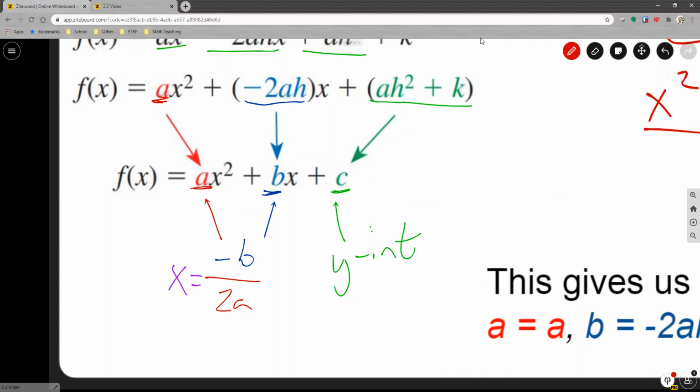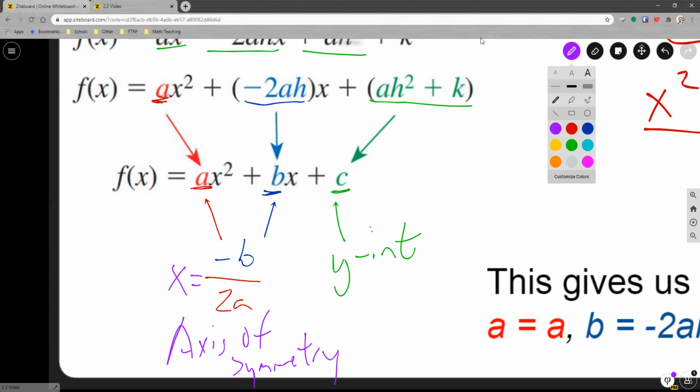I plug in both the b and the a and I can find my axis of symmetry. So I get a few things right from the standard format. I get my axis of symmetry if I do a little bit of math with b and 2a, and I get my y-intercept just by looking at that c value.